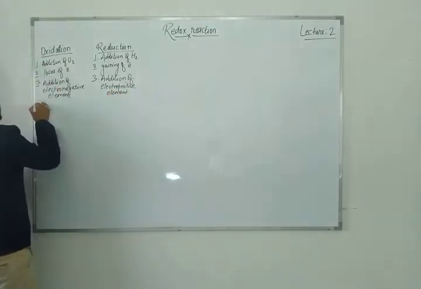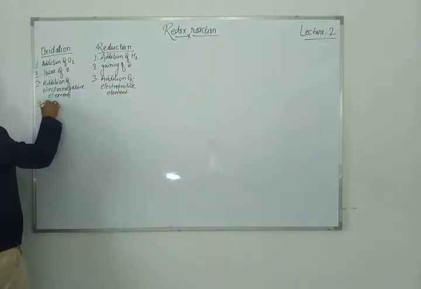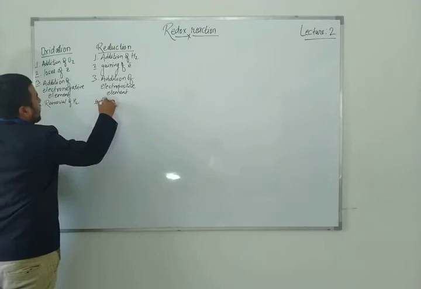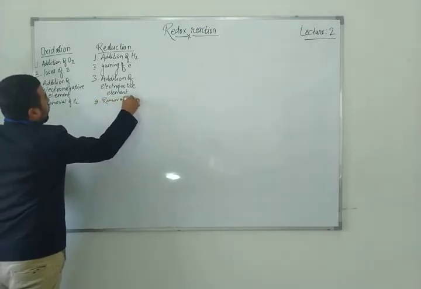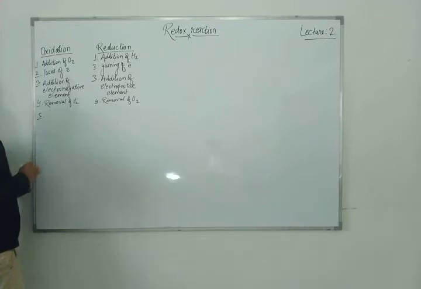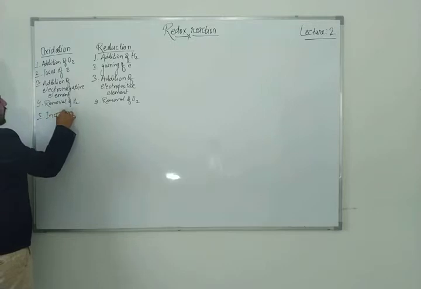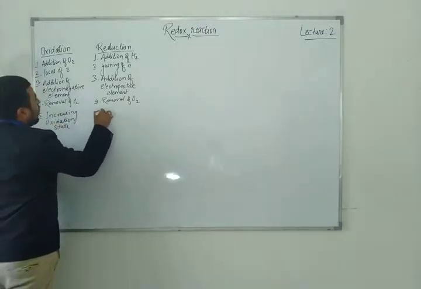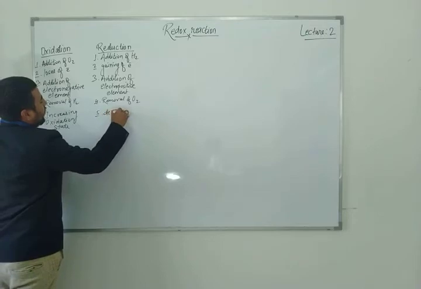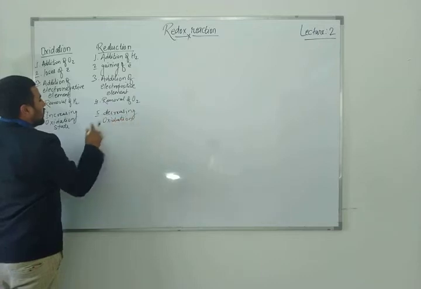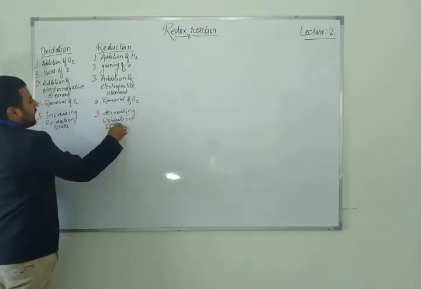The fourth point was removal of hydrogen. Here it was removal of oxygen. And the last point was increasing oxidation state, and here decreasing oxidation state. So these were the main differences between oxidation and reduction. I hope that all of you have remembered these things from lecture 1.